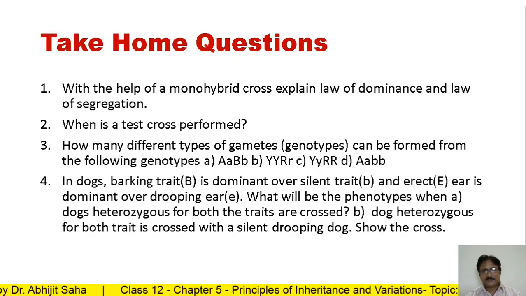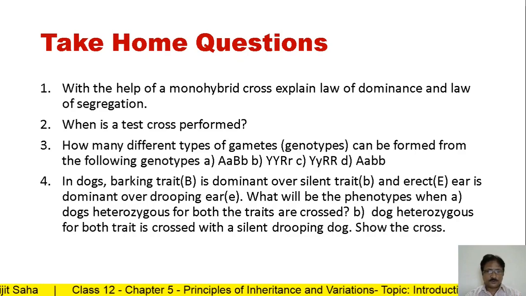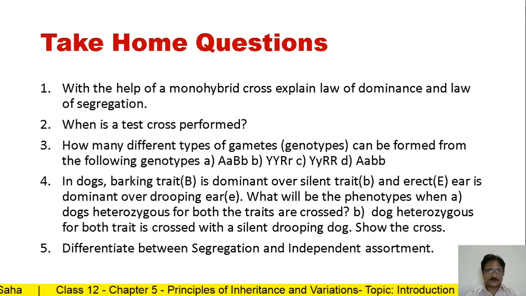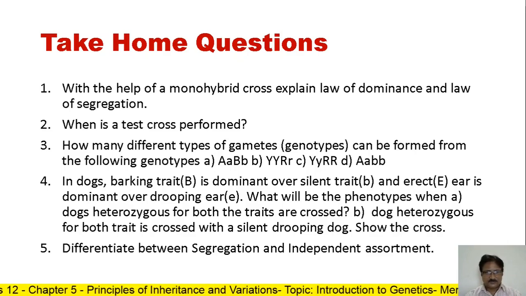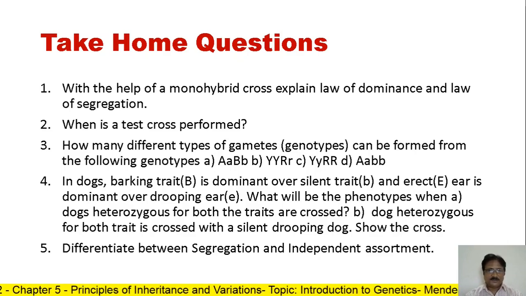And a dog heterozygous for both the traits is crossed with a silent drooping dog. Now show the cross. Very, very important and interesting question also. If you have understood the various terms, heterozygous, homozygous, and the dihybrid cross, then you can do this easily. The last question is to differentiate between segregation and independent assortment.